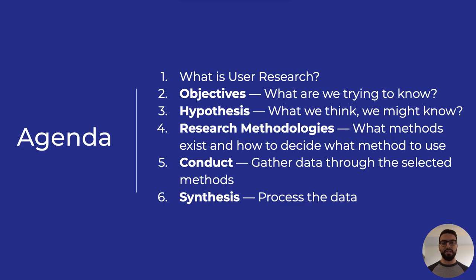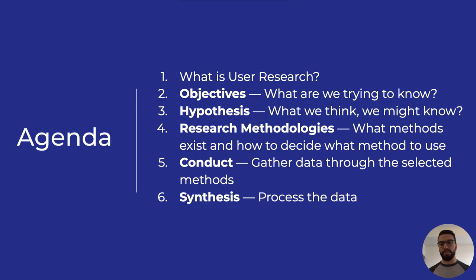So today's agenda will look something like this. First, I'll give a blanket definition of what user research is, and afterwards really help you understand how to structure your user research.